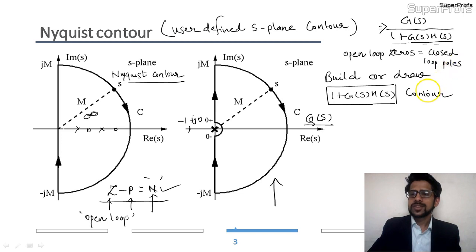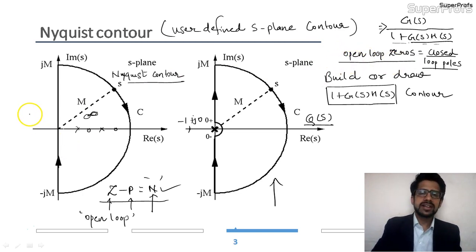Okay, so if these closed loop poles lie on the left hand side, my system will be stable. That means if my open loop zeros lie on the left hand side, my system will be stable. Translating this again into some logic, if my open loop poles do not lie on the right hand side of S-plane, my system will be stable.